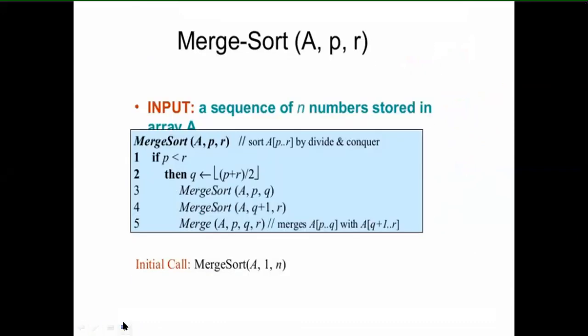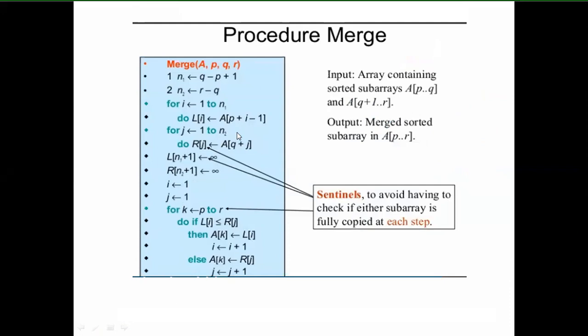Then we see here the merge, performing the merge operation on two sorted arrays. Yesterday I already told you, when you are comparing two sorted arrays, the first element, for example the element at i, is compared with the first element in the second part.